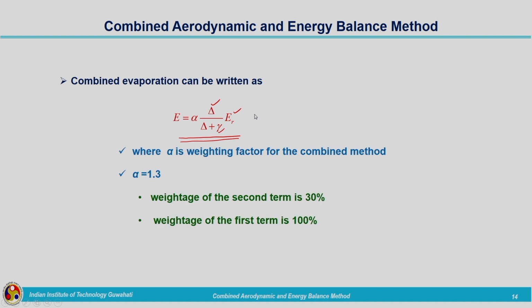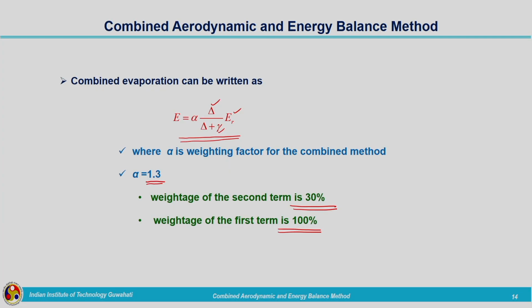Alpha is nothing but 1.3. How does this value come out to be 1.3? That is the weightage for the second term. The weightage for the second term, that is the aerodynamic contribution, comes out to be 30%, and the weightage of the first term is 100%.